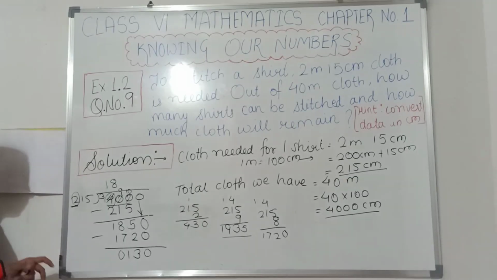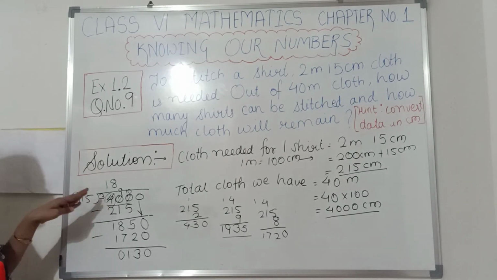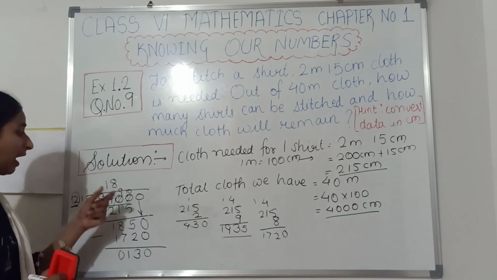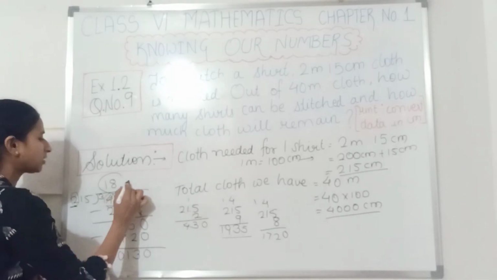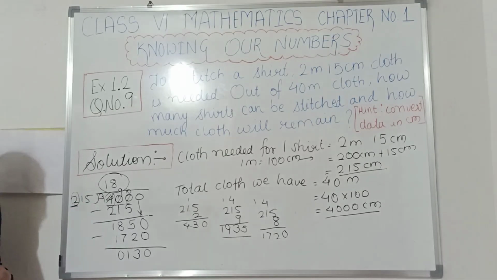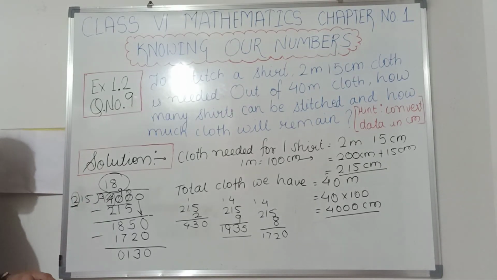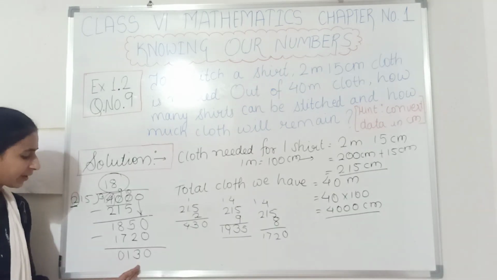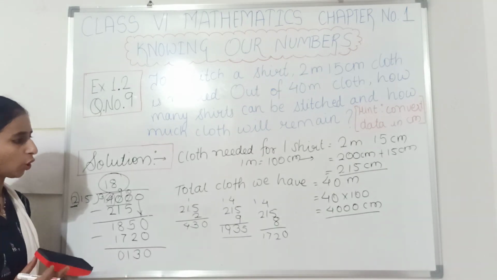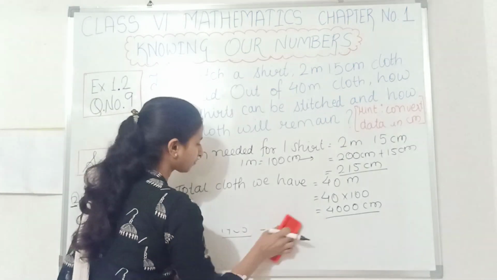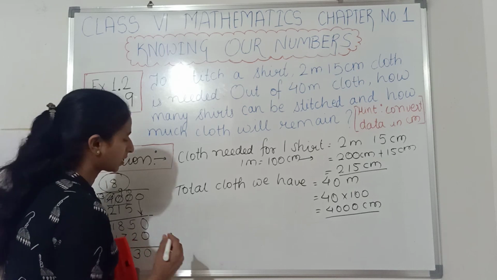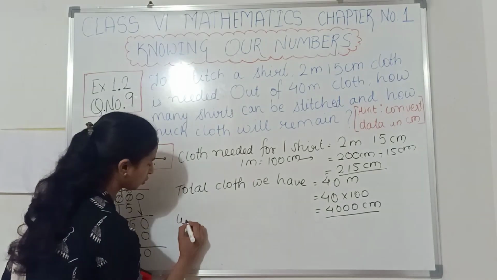So what answer did I get? In 4000 centimeter of cloth which I have, how many shirts can I stitch? I can stitch 18 shirts. And after stitching 18 shirts, how much cloth is remaining? 130 centimeter cloth is remaining. So I'll write here so that you can understand. What they are asking us is how many shirts we can stitch.